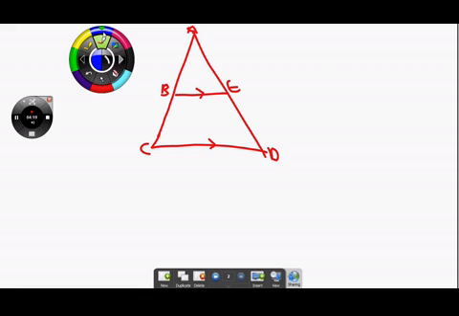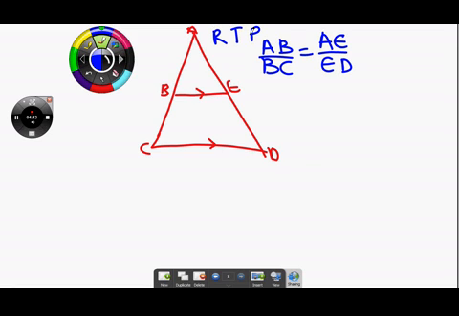Let's take the two short sides. We want to prove that AB over BC is equal to AE over ED. We are taking the two short ones, the first one. Now we are required to prove this.